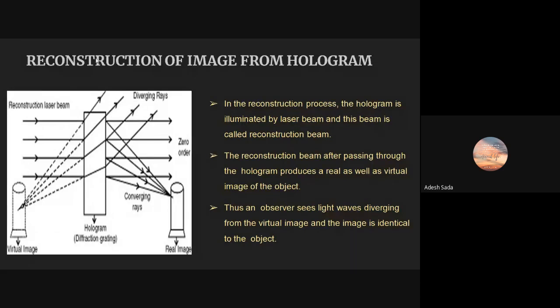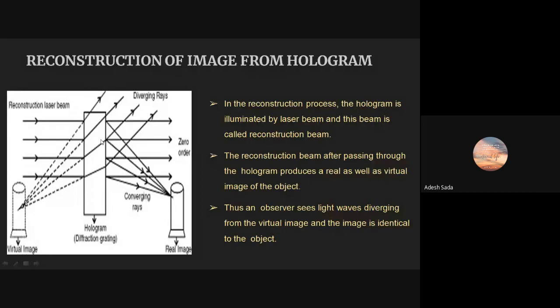As this beam undergoes diffraction at the hologram, one of the diffracted rays emerging from the hologram, when projected backwards, forms a virtual image, and this virtual image can be observed by looking through the hologram as well.